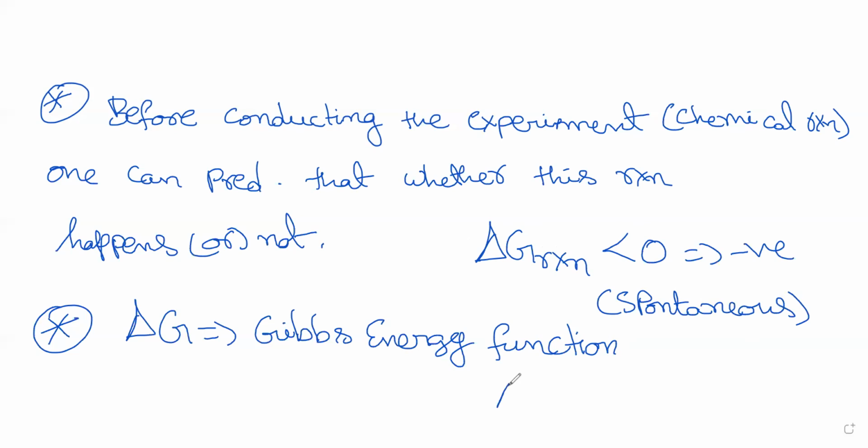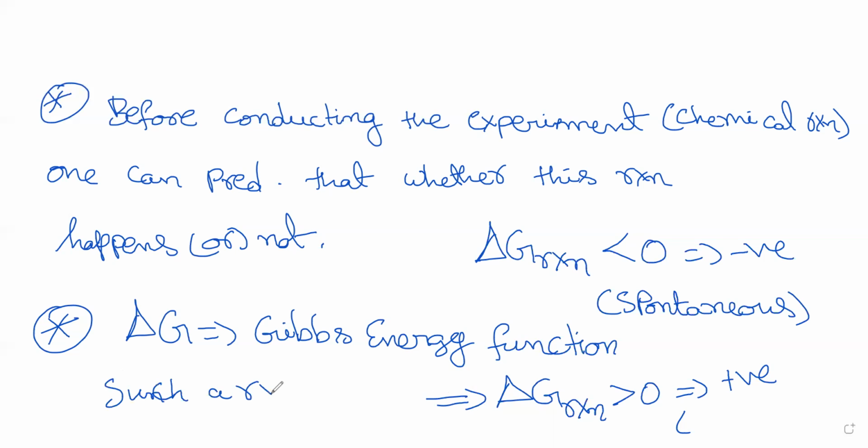If delta G of the reaction is greater than 0, that is, positive, the reverse reaction is spontaneous, so such a reaction will not happen easily.